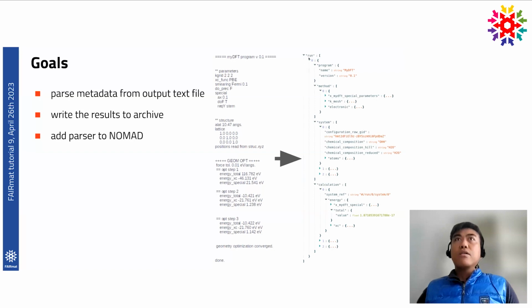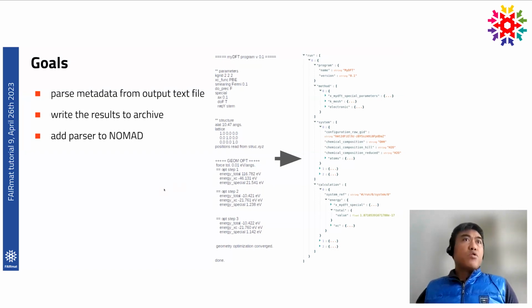The run section contains the method section, the program, the system, which contains the atomic structure, and then calculation, which contains the results of the calculation, like the energy and so on.